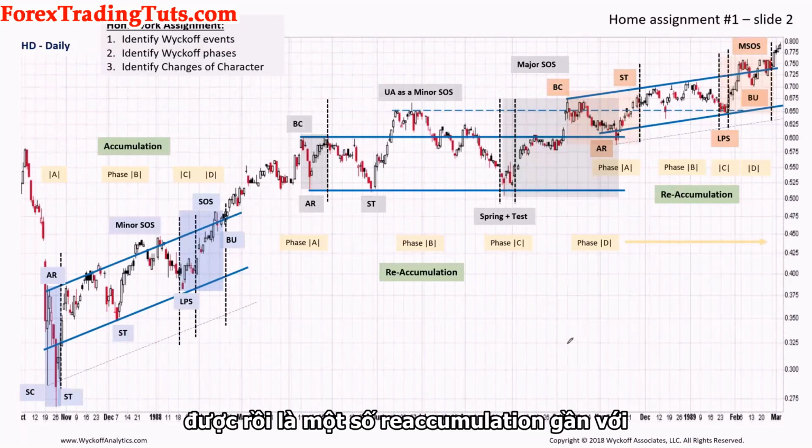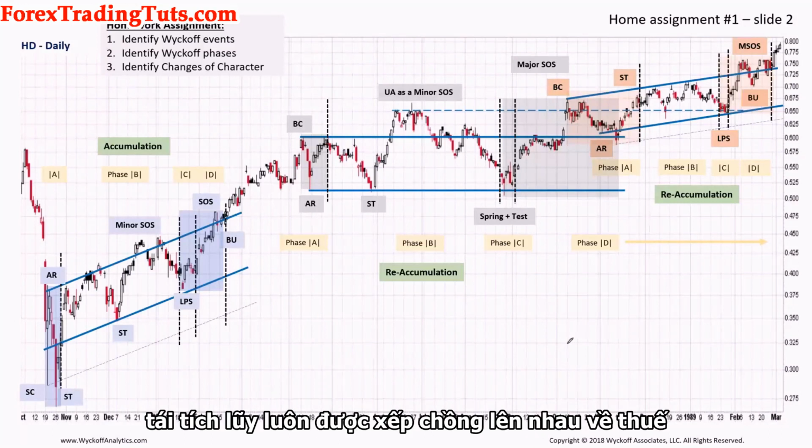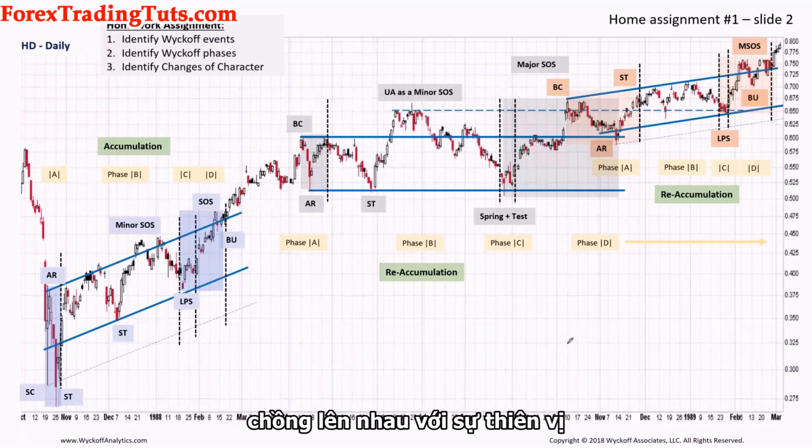Okay, a question: are several reaccumulations close to each other a sign of a very strong bullish move yet to come? All of these reaccumulations are almost stacked on top of each other with bias towards upside, from Nilesh. Okay, so I might be mispronouncing the name again.